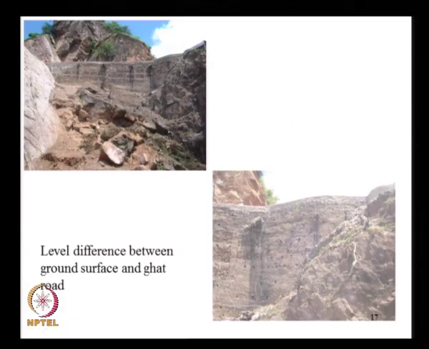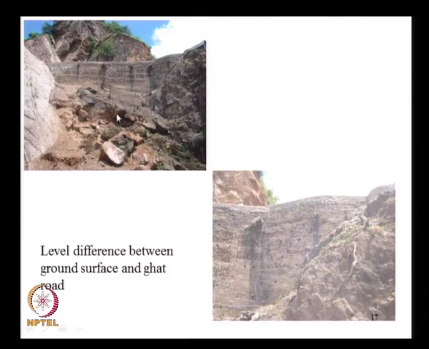So, coming back to the practical construction aspects, the general site conditions are shown here. Actually, this is the old masonry wall that was built along the Ghat road to guide the traffic, and the height, you can see, is very huge, very highly varying.